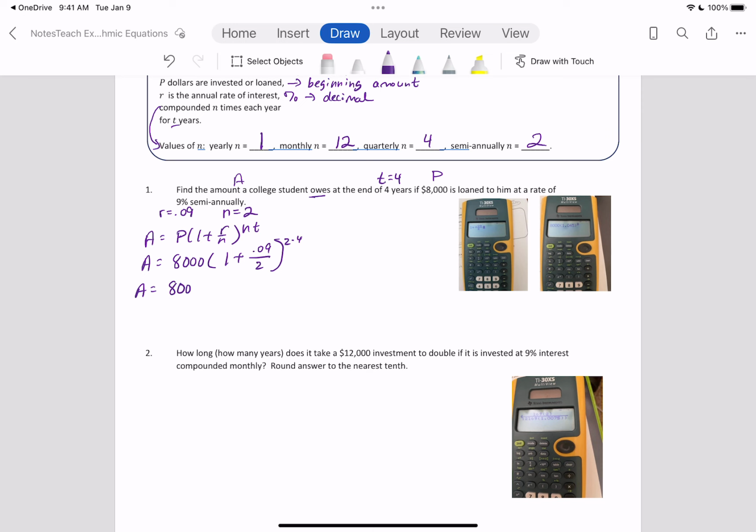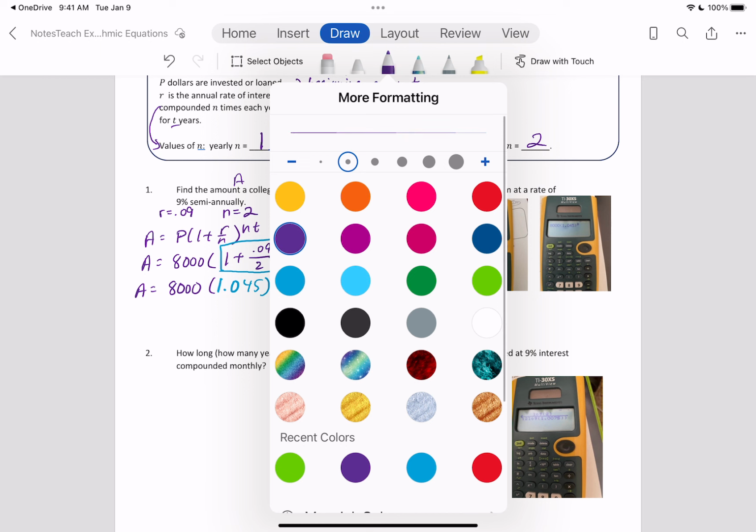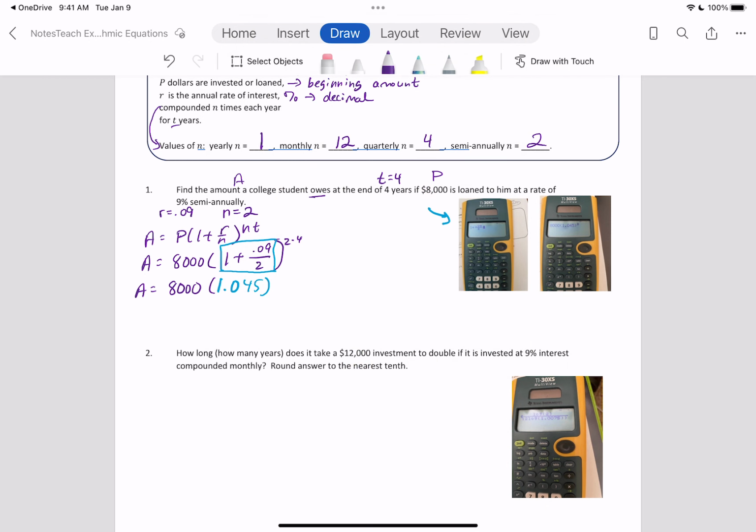So what I'm going to do first is I entered this 1 plus 0.09 over 2 into the calculator, and you'll be able to see it better on that other page that I'm going to supply. But when I did that, I got 1.045, and that is not rounded. That's the entire number that the calculator gave to me, and it's raised to the 2 times 4 or 8 power.